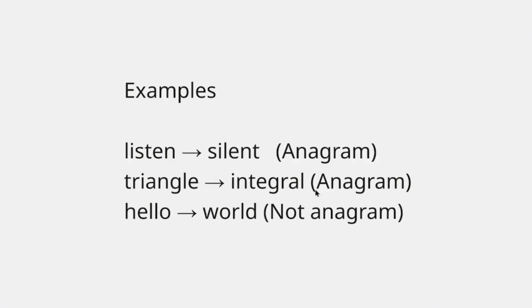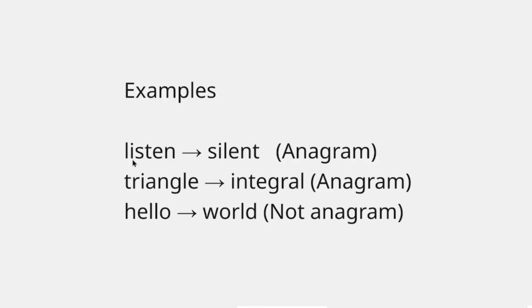So here is an example. In the first example, we have listen and silent, both strings taken from the user. We have to check whether it's an anagram or not. If we check this, it's an anagram. L is present one time in the first string and in the second string also L is present one time.